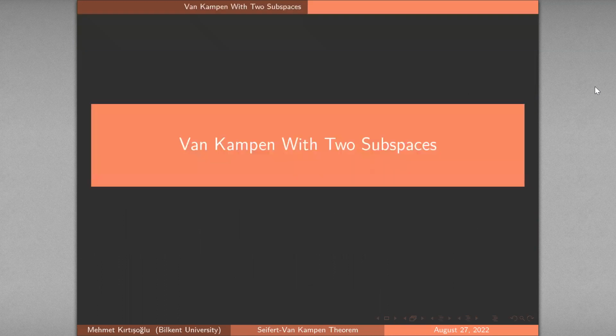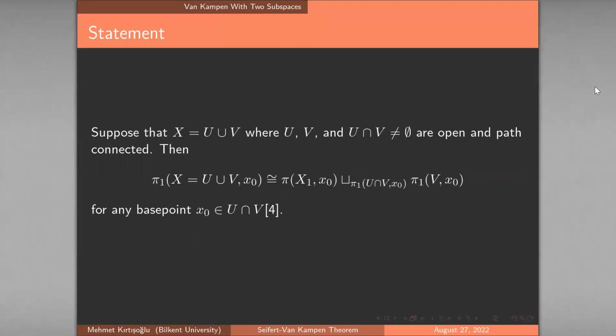Now we can give the Van Kampen theorem. I will give an easy, basic version of it. We will have two subspaces of our topological space, U and V, where they are not empty and the intersection is not empty. Also, they are open and path connected.